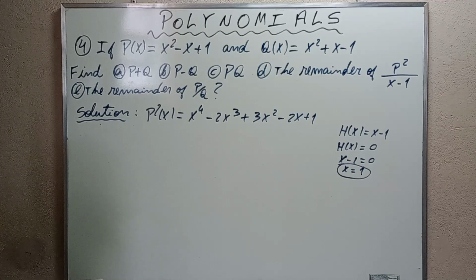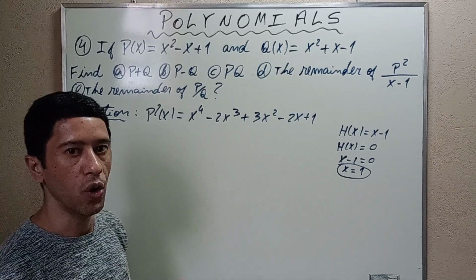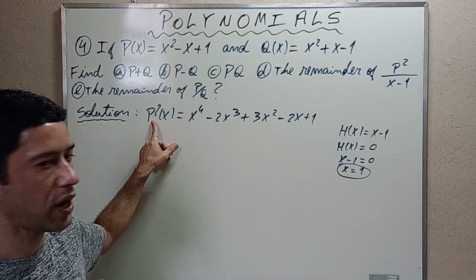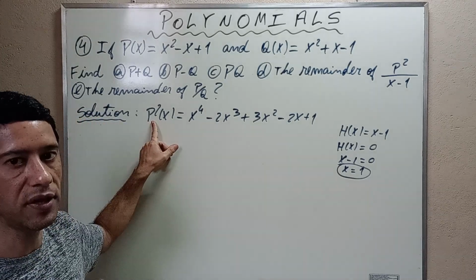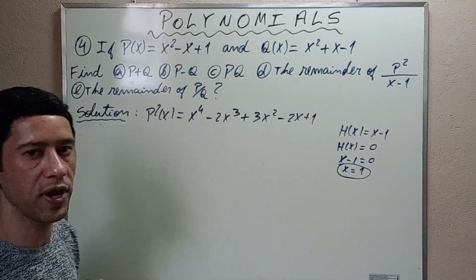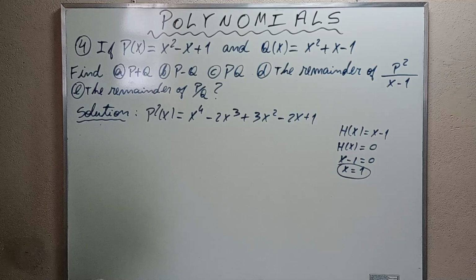But what if, I'm going to ask you, what if p squared of x is not entirely divisible by x minus 1. This is the trick. This is the idea. This is the insight.